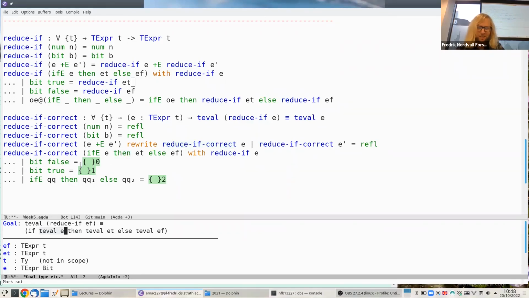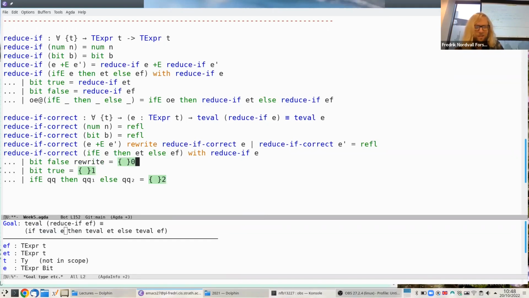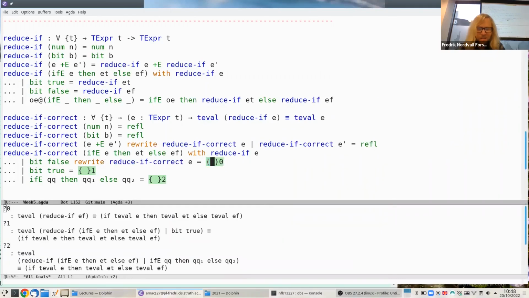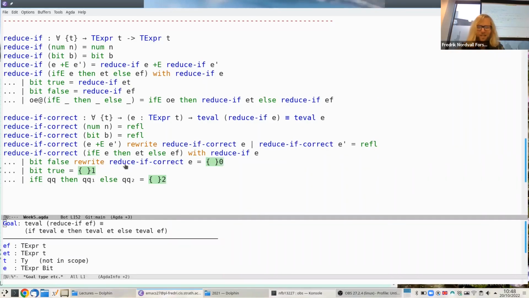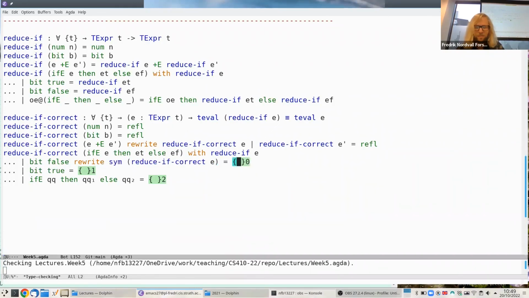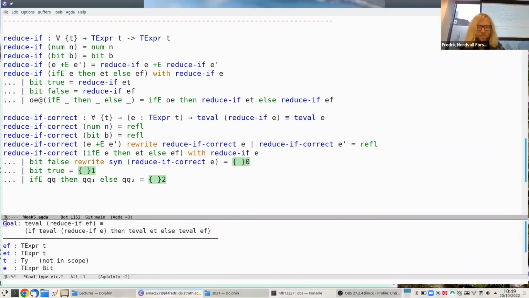I think if we do a rewrite of reduce if correct E, then that's not going to do anything. Nope, because that's replacing all of these things with the right-hand side. But if I do the sim of that, then you will be sad.